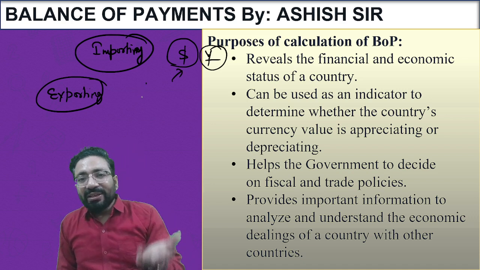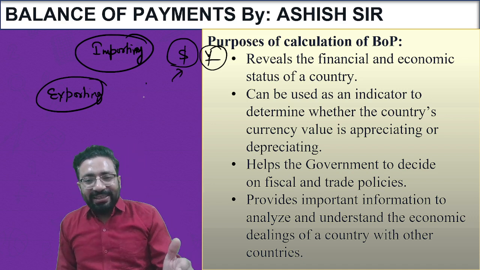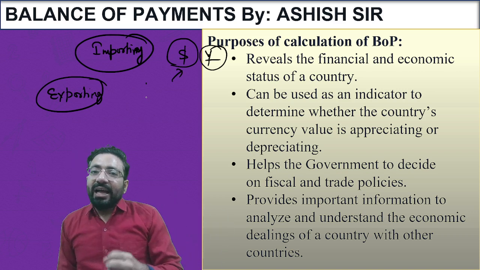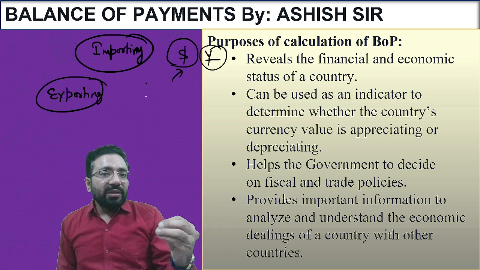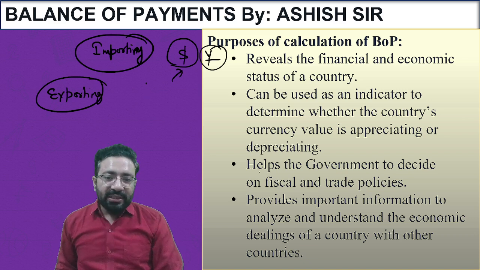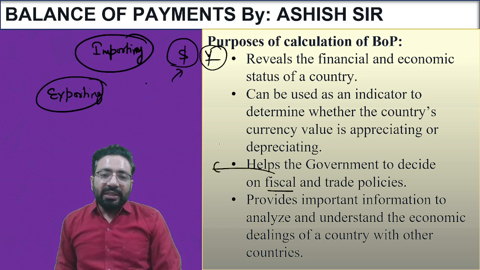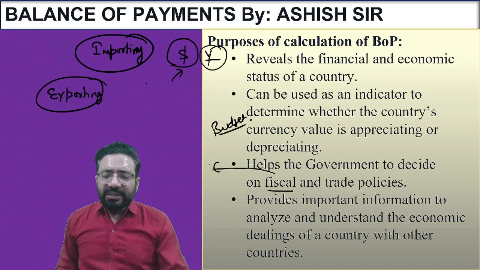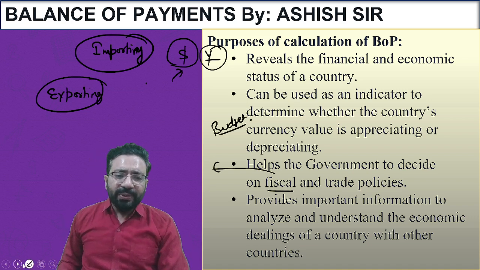Our currency would grow in demand, so again it would raise the level of our currency. It will also help the government decide about fiscal and trade policy. Fiscal policy, you may know, is the budget policy of the government. So basically, these are the purposes of calculation of BOP.